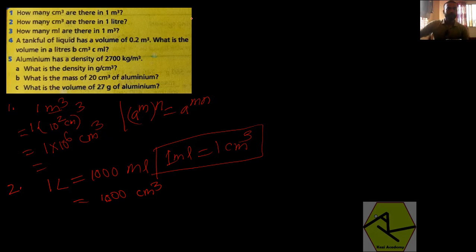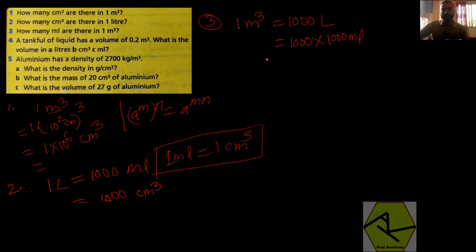Number 3, how many milliliter are there in 1 cubic meter? So 1 cubic meter equals 1000 liter. Again, this liter we can convert into milliliter, so again 1000 milliliter.